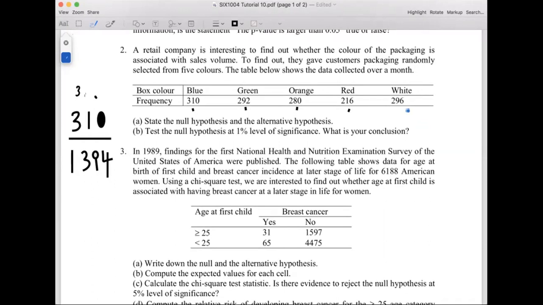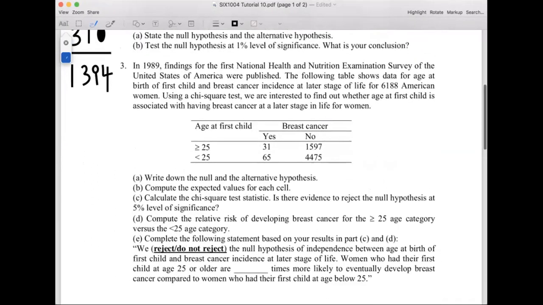Okay. And then how about question 3? Is it okay?